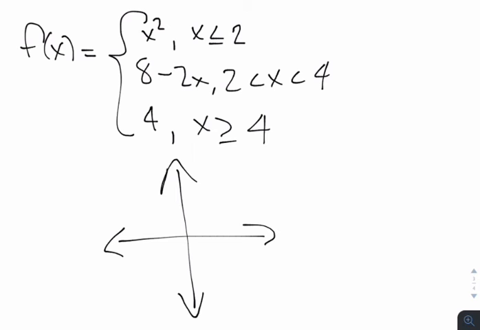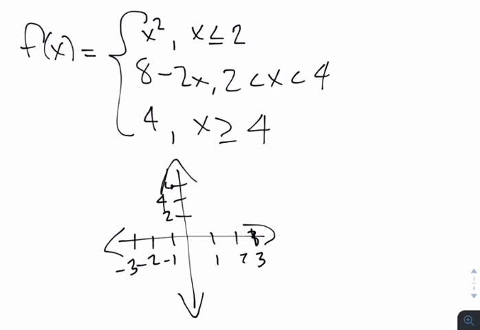So we have, let's just do 2, 4, 6, and we have 1, 2, 3, negative 3, negative 2, negative 1, and 1, 2, 3.